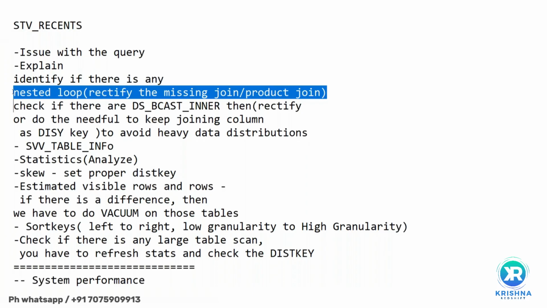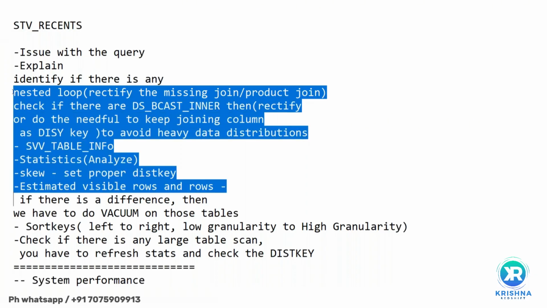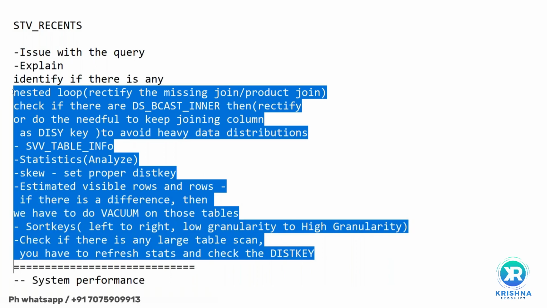If there is a deployment or if there are any query changes that were deployed, then you can ask the development team, hey, this query is impacted because of recent changes, can you please check into it? Of course, if you follow these steps, you will be able to identify it. Otherwise, you can tell them it got impacted because of yesterday's deployment, please check what changes you have made.